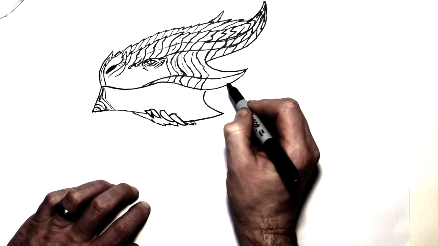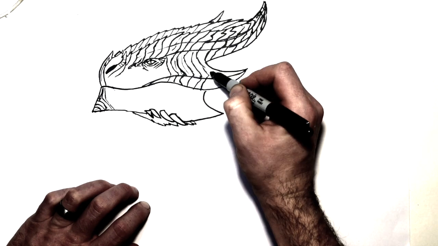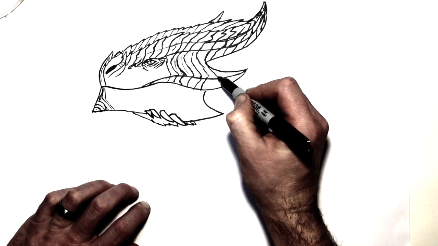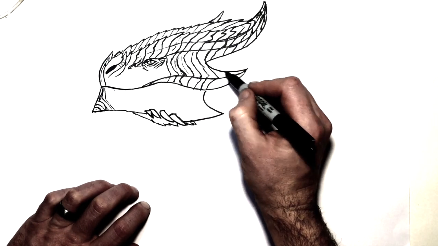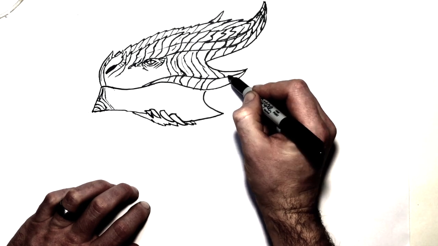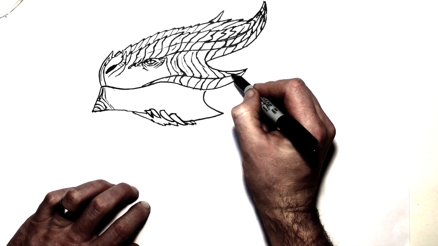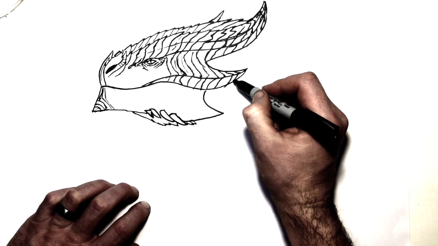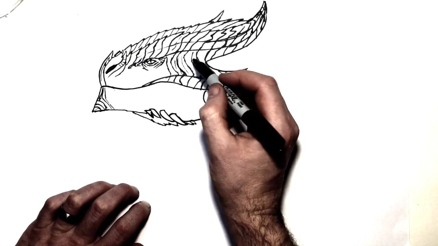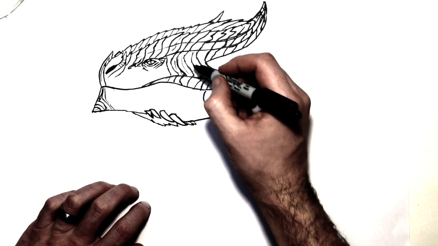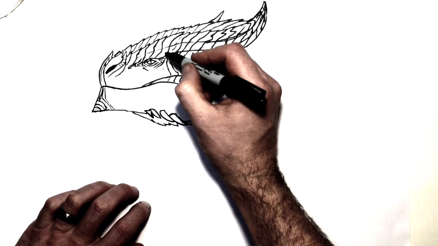Curving down. So when they get to the middle of the horn, they change direction. So it goes this way, and then let's go back. So they're like arrows pointing this way. And then there's some small ones that sort of continue underneath his eye.